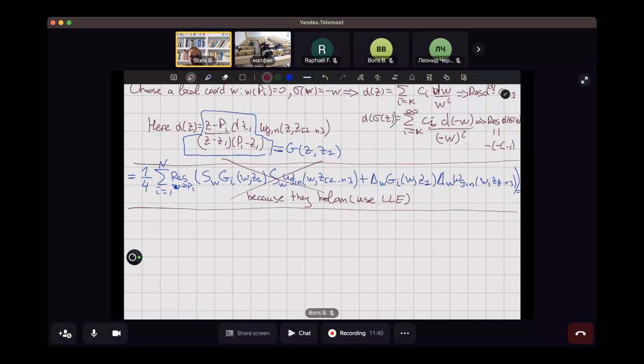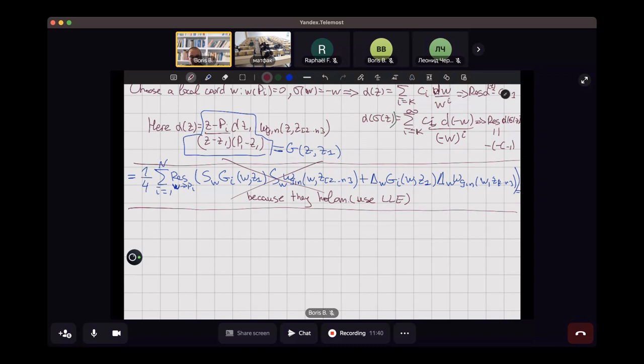So I was wrong, here is minus, and plus 1/2 S w omega 0 1 of w S w.